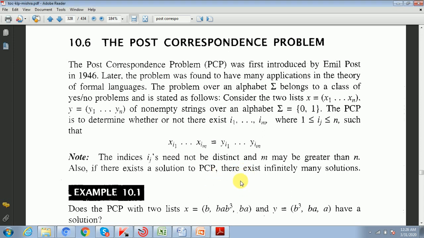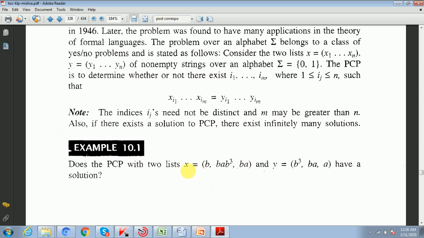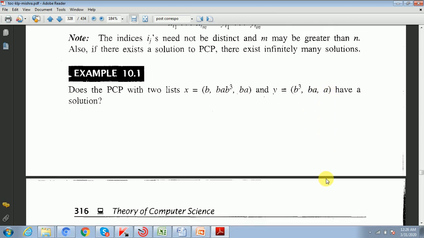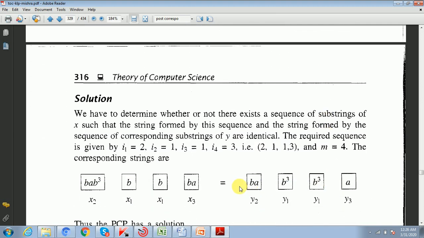Now we are going to discuss one problem. Here x equals b, b cube... ba b cube, ba, and y equals b cube, ba and a. It means x1 equals b, x2 equals ba b cube, and x3 equals ba. y1 equals b cube, y2 equals ba and y3 equals a, as shown below.